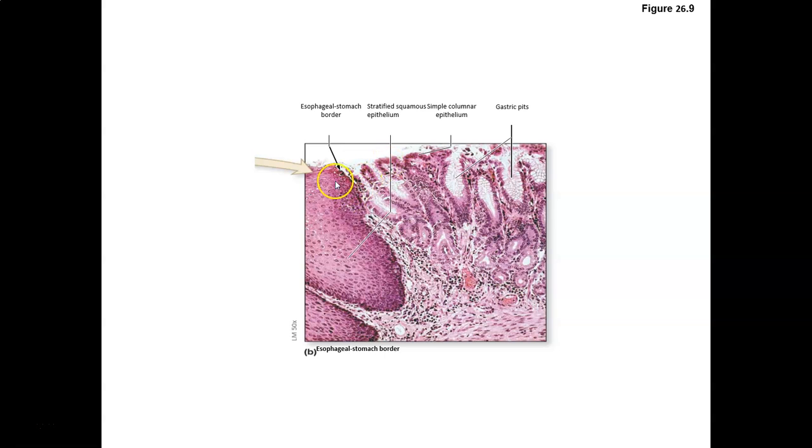On the left side of the border, this is the stratified squamous epithelium of the esophagus. And so you can appreciate the dramatic cross-cut, right, of the two kinds of epithelium that line up the GI tract in two different parts.